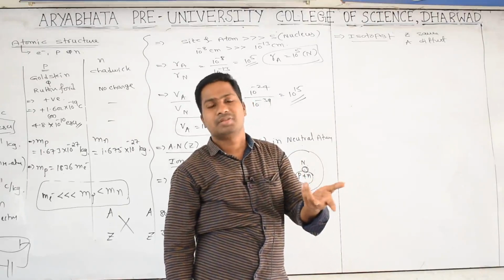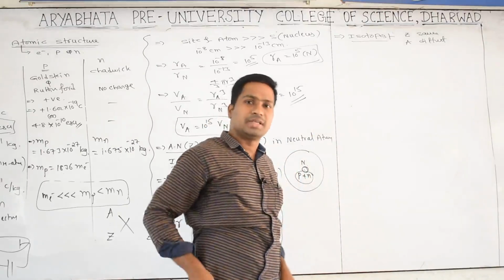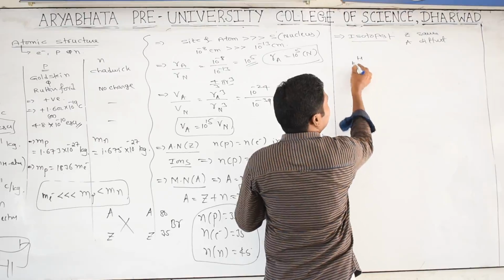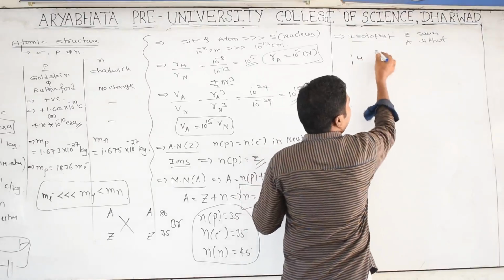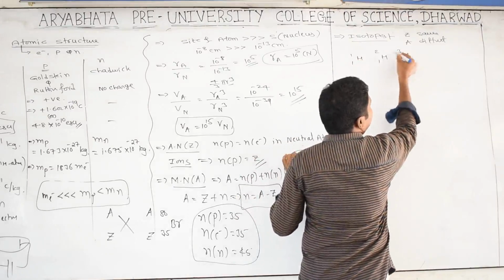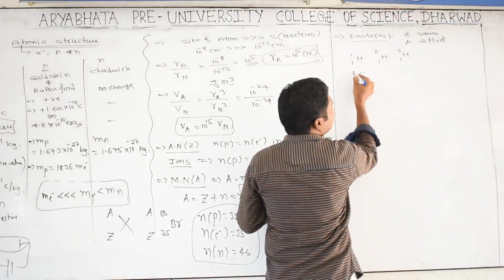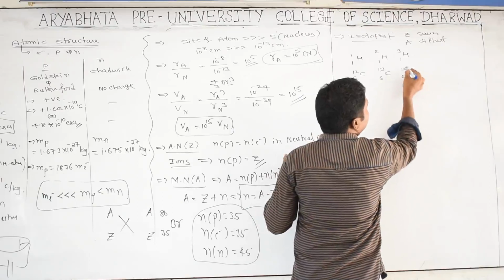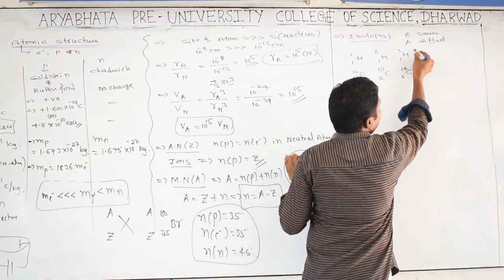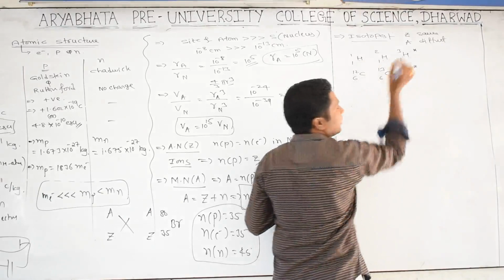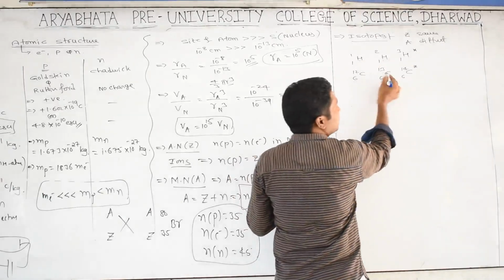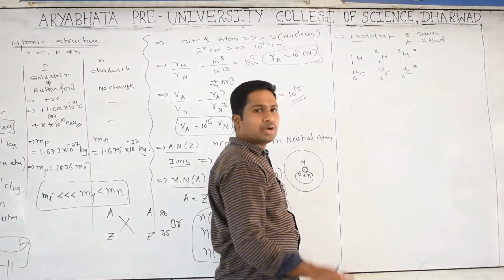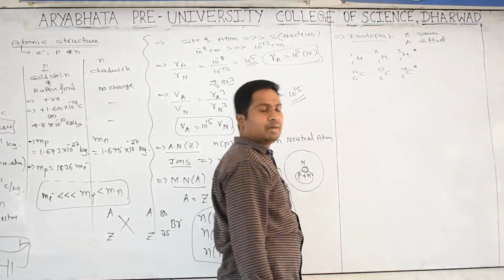Because they all have the same number of electrons. See some examples: H-1, H-2 and H-3, that is protium, deuterium and tritium, which is radioactive. And carbon-12, carbon-13, carbon-14. Carbon-14 is the radioactive isotope of carbon. All of these have the same chemical properties.